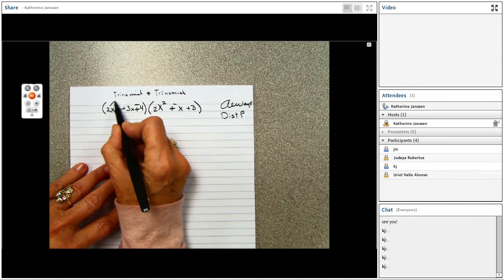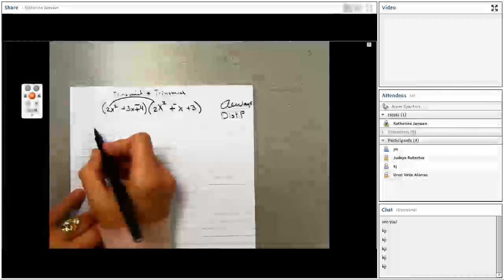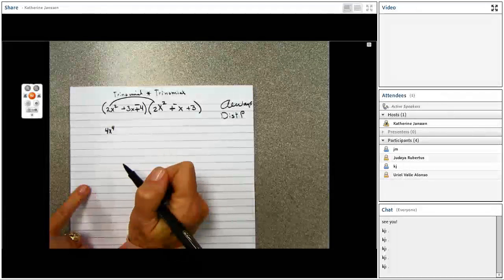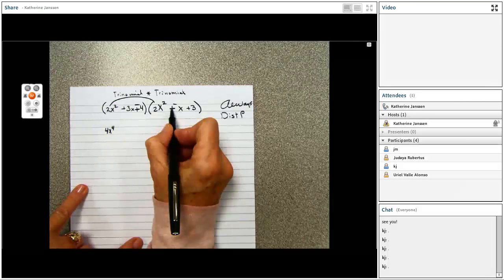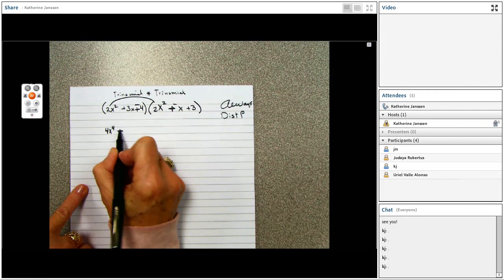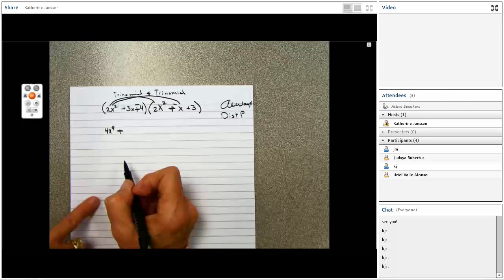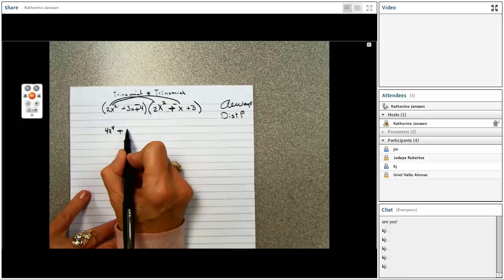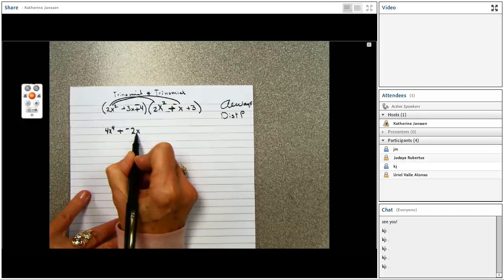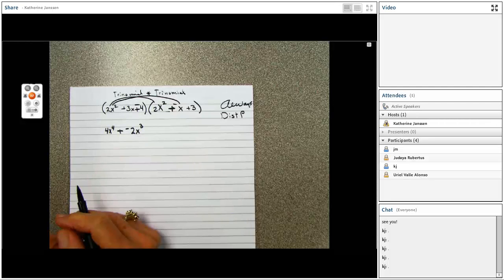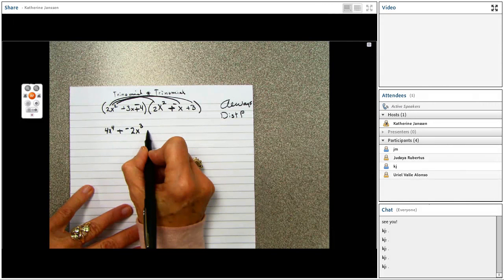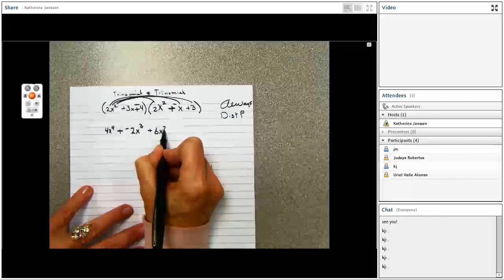So 2x squared times 2x squared will be 4x to the 4th. Pick up your sign: plus 2x squared times a negative x is going to be a negative 2x cubed. 2x squared times 3 is going to be a positive 6x squared.